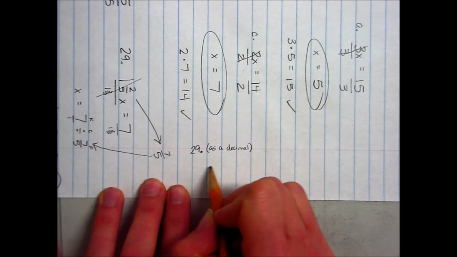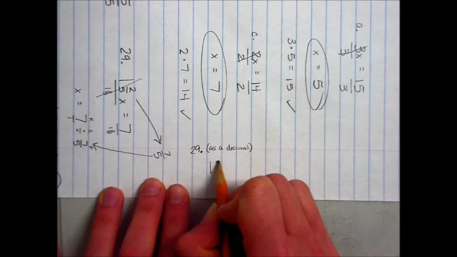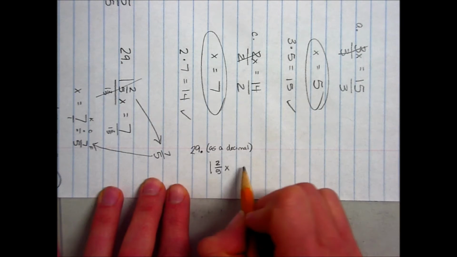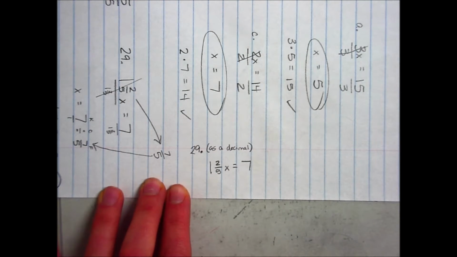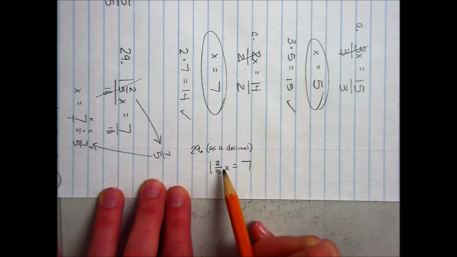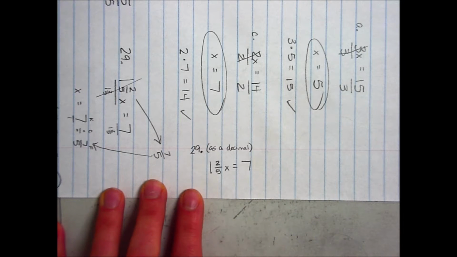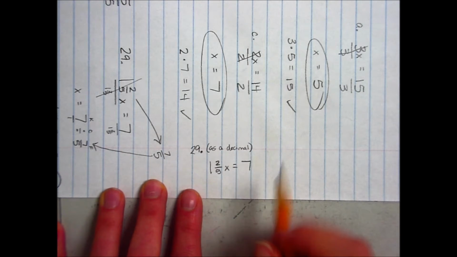So if I had 1 2/5 x equals 7, same problem. If I want to change this fraction to a decimal, all I do is divide. I divide 2 divided by 5, which gives me 4/10.